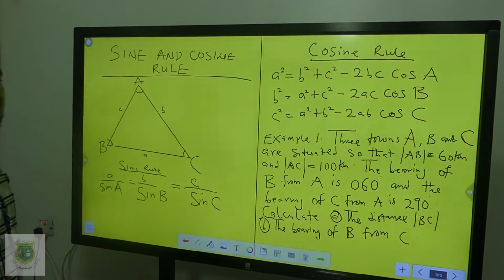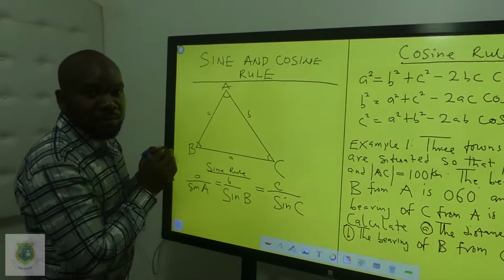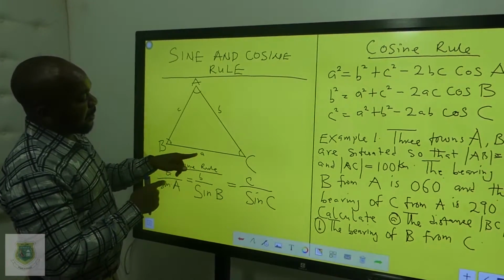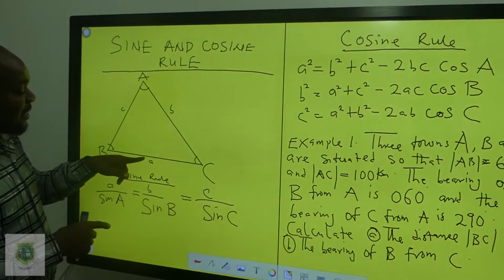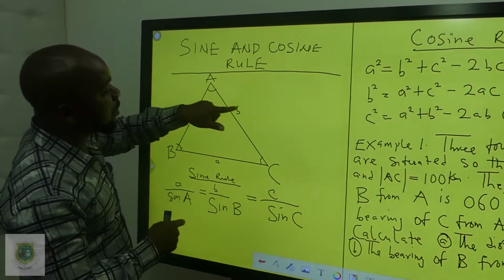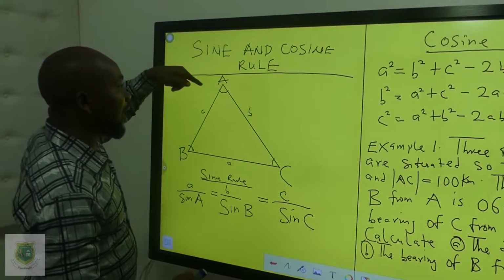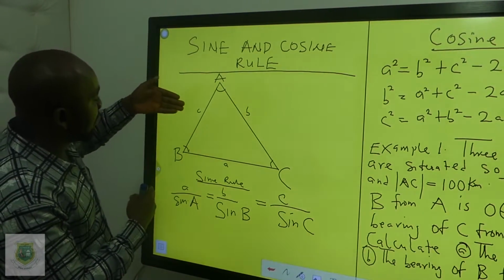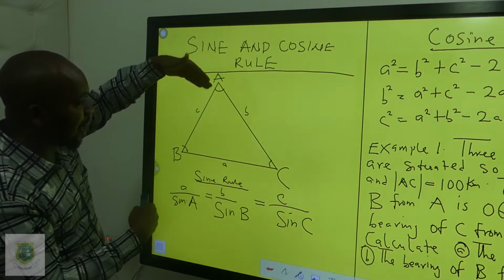It says that, let us look at this board. If you are to determine the distance A, they will give us C, they will give us B, they will give us the angle A. We have seen it. They give you this one, give you the other one, and give you the angle.